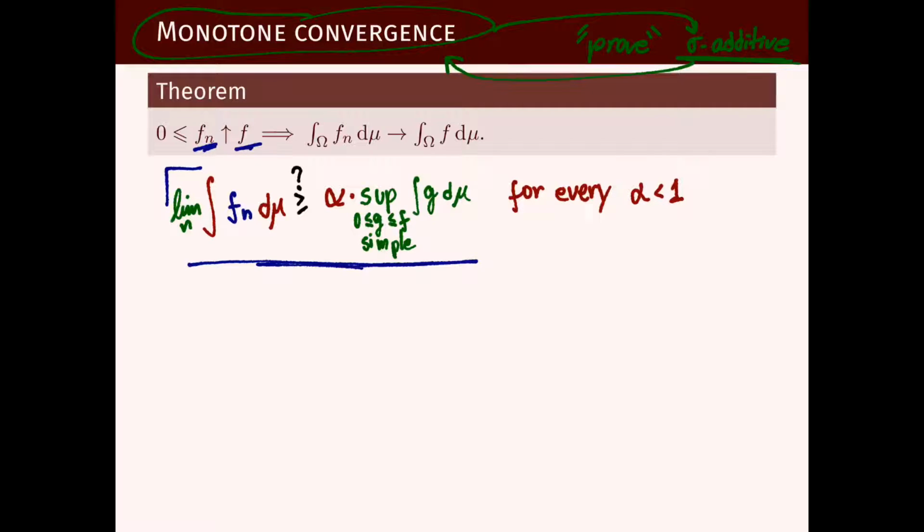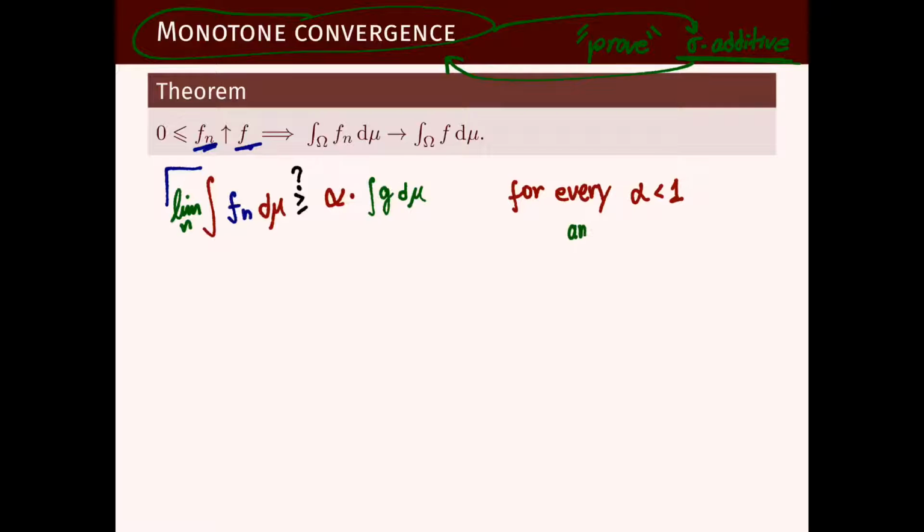And one more step is, instead of showing this, let's get rid of the supremum and instead write it here. We can write it here for every alpha less than 1 and g below f simple.